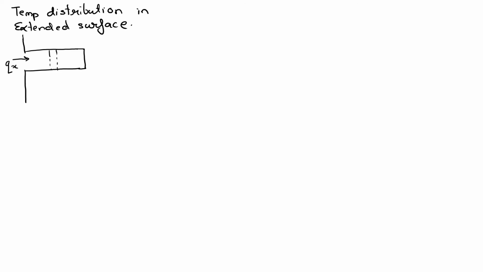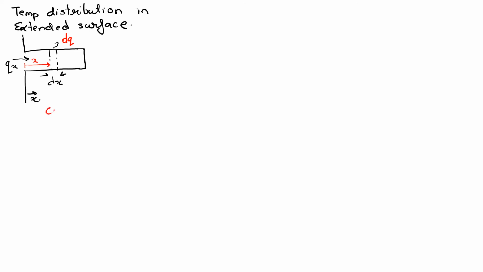So this is your control volume, that's your x direction, and let's say the thickness of this control volume is dx. The heat lost from this particular control volume, let's color it in a different color, let's say the heat lost is dq, and let this be at a distance x from the base. Okay, so this is the problem that we have.